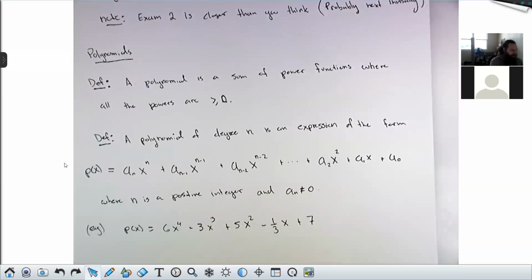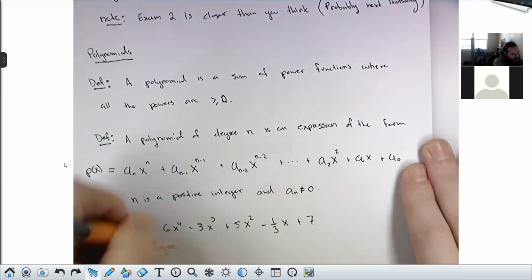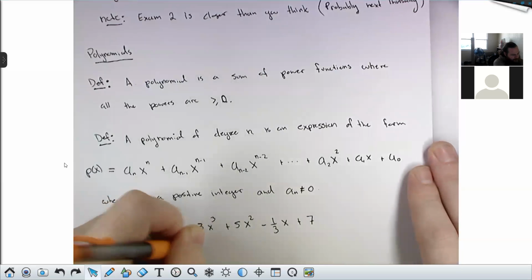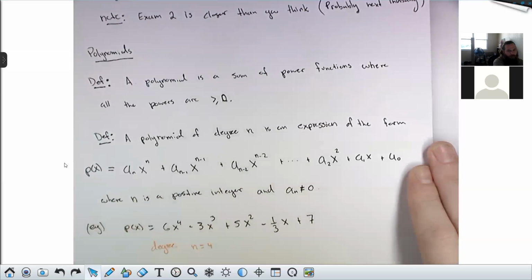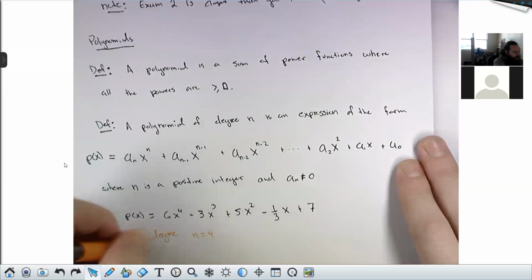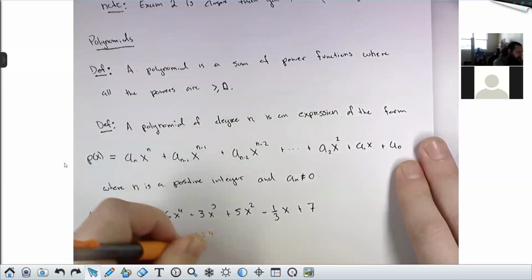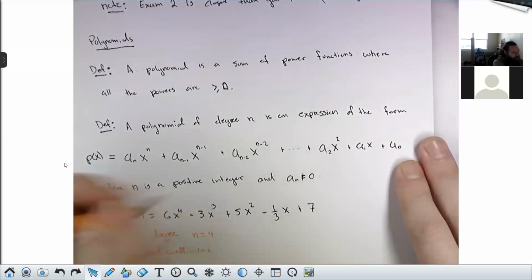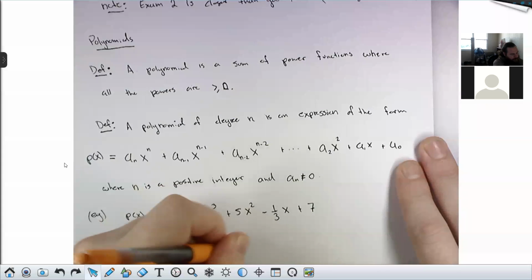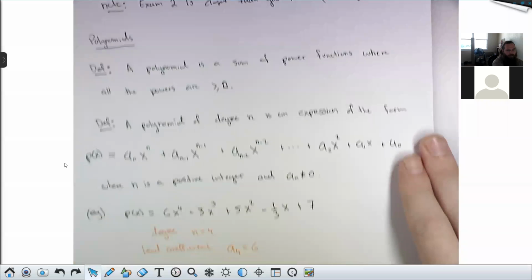The degree here is 4. The lead coefficient is 6. I call it a_4 if I really wanted to be picky about it. a_4 is 6.